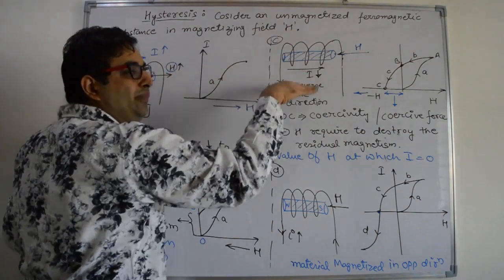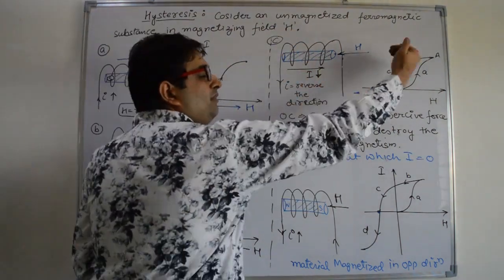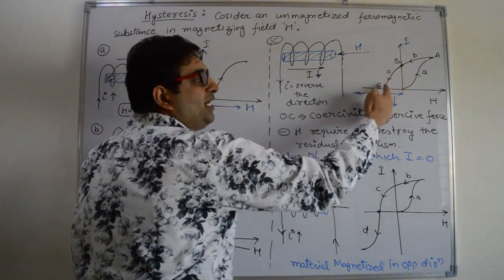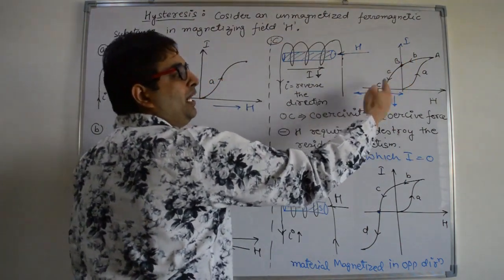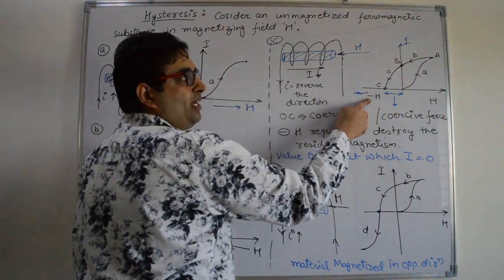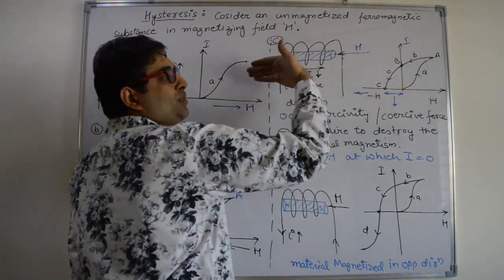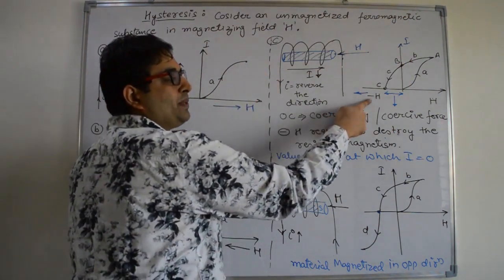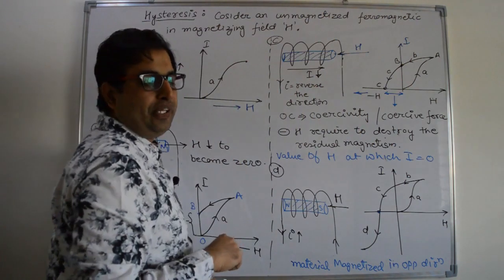It will start demagnetizing. Material magnetism will start decreasing, and finally its value becomes equal to zero at some negative value of H.